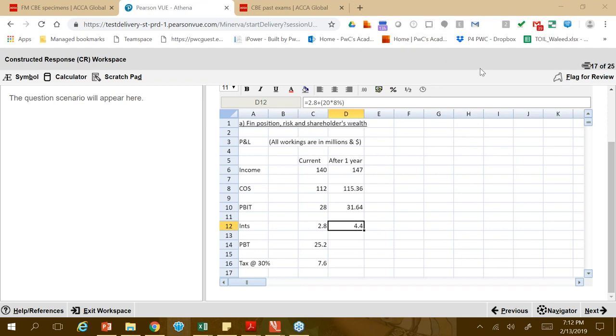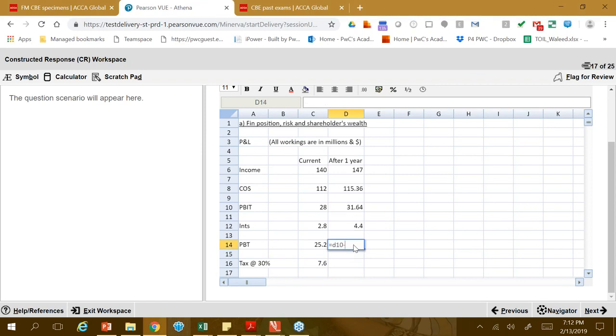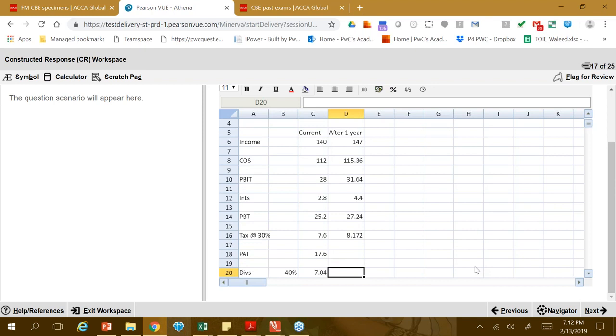The profit before tax now is D10 minus the D12. Tax is 30%. So we'll take now the D14 into 30%. So deduct the tax to arrive at profit after tax, D14 minus the D16.